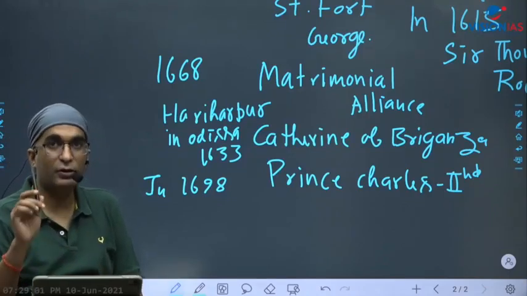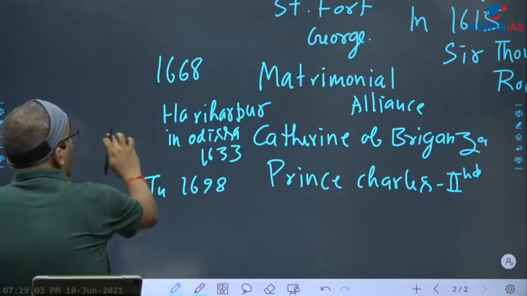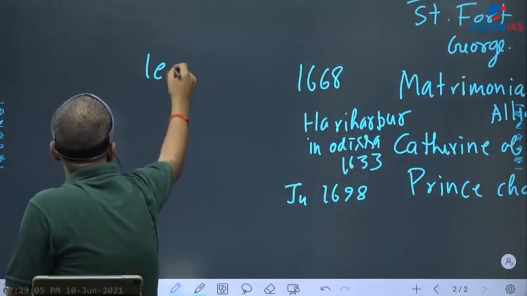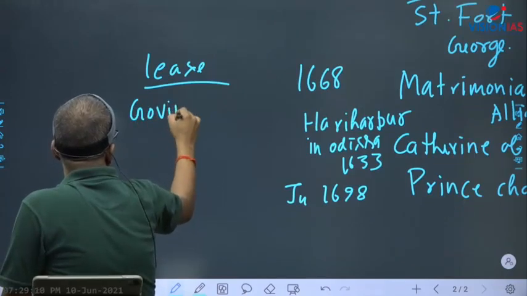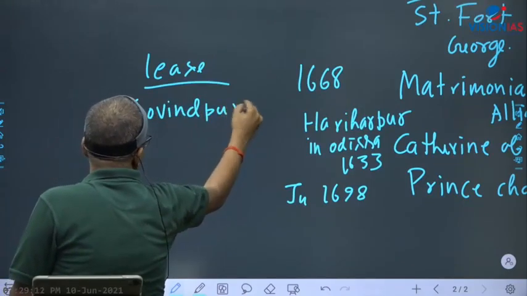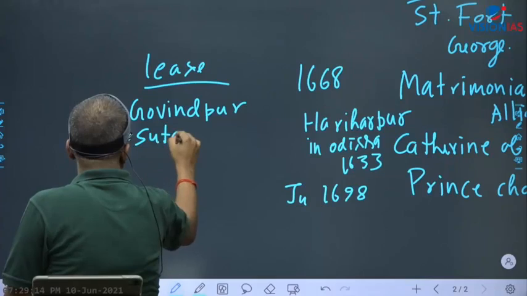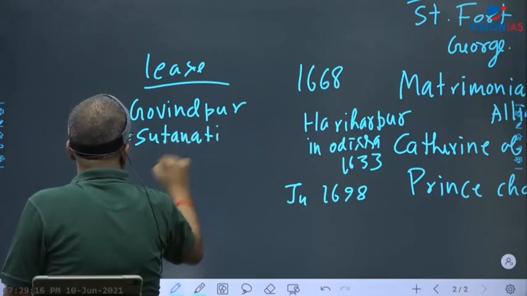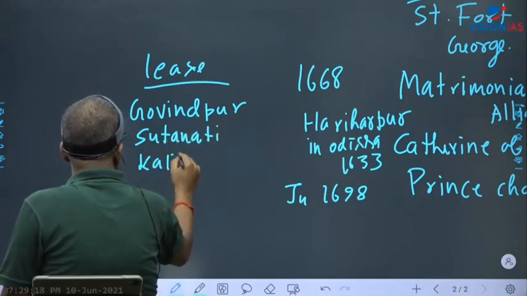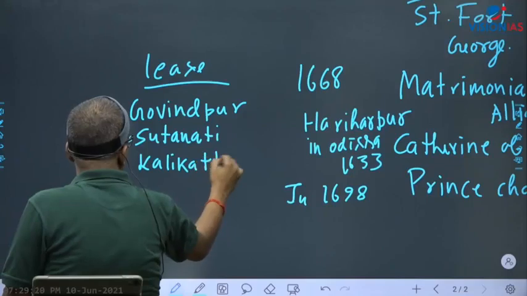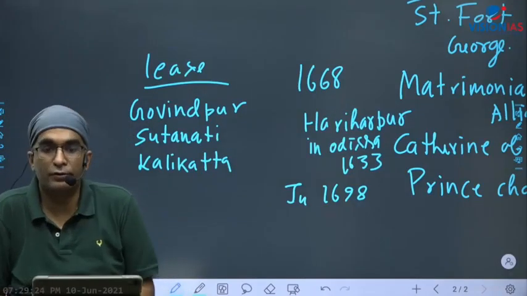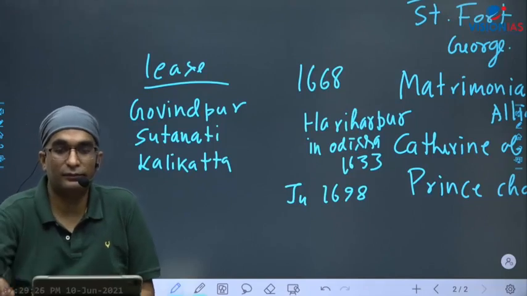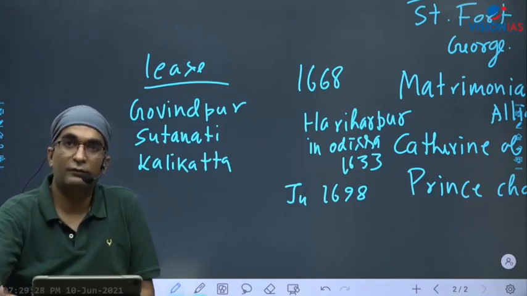3 villages on lease, and you write the names of these villages: Govindpur, Sutanati, and Kalikatta. Full stop.